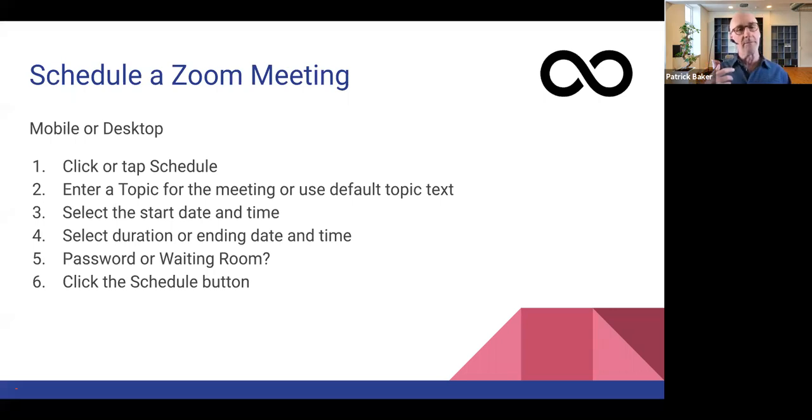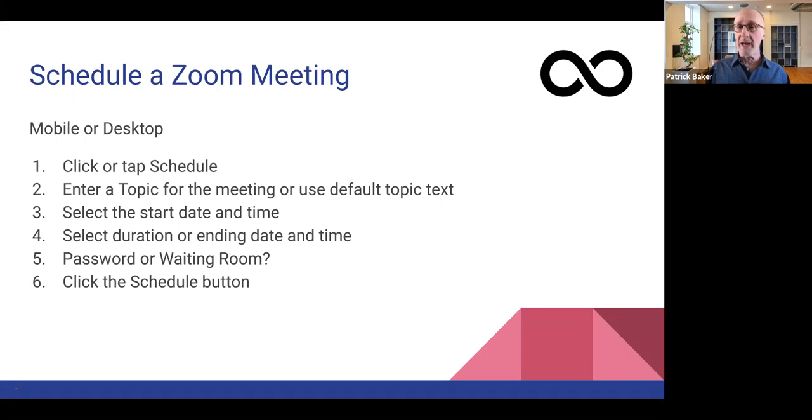So if I'm on a mobile phone or a desktop, I click or tap on schedule. I enter my topic for the meeting, or I can just use the default text that Zoom provides, enter a start date and time, and then depending on whether you're using a mobile device or zoom.us or the desktop app, I'm either going to select the duration of the meeting, like 1 hour, 30 minutes, whatever, or I'm specifying the end date and time.